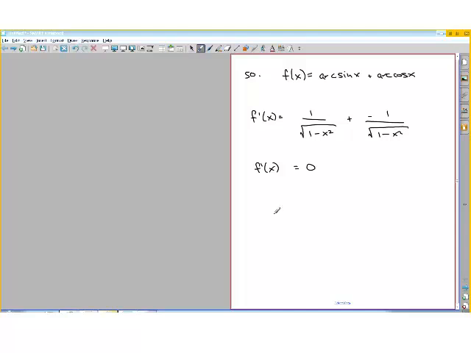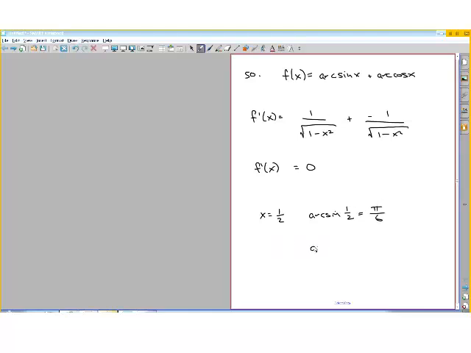Well, let's see. So let's let x equal 1/2. So if you said, what is the arc sine of 1/2? The angle whose sine is 1/2 is pi over 6.